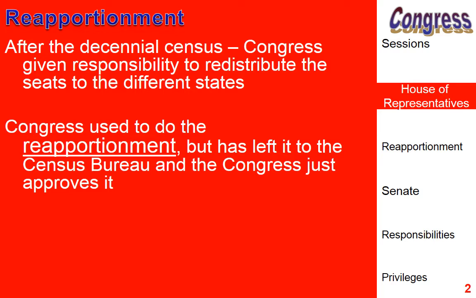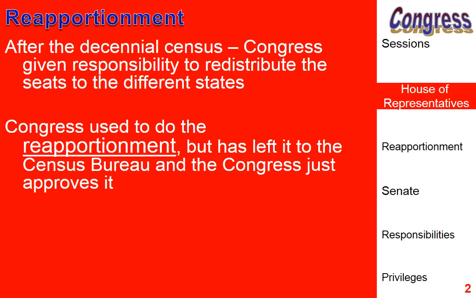Then, what Congress did, and they have since washed their hands of it, as soon as they started cutting states, they realized that it was a political hot potato, essentially people voting themselves out of a job. And so they handed it over to the Census Bureau, and the Census Bureau is the official organization that comes up with how many representatives each state gets.